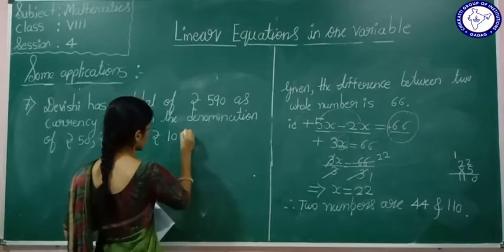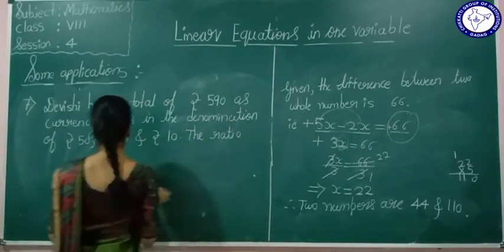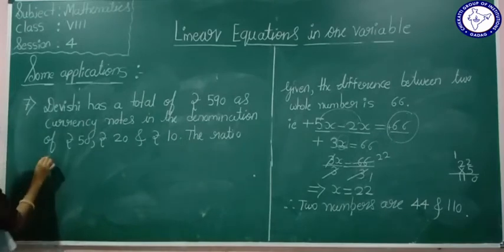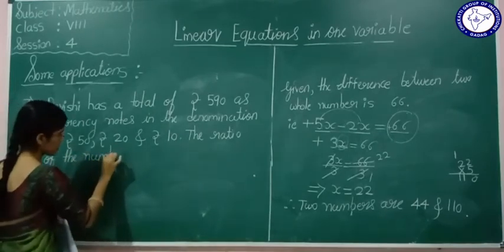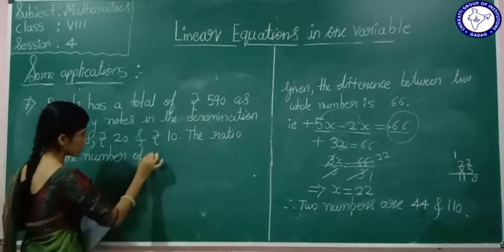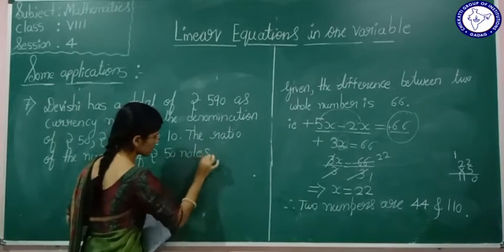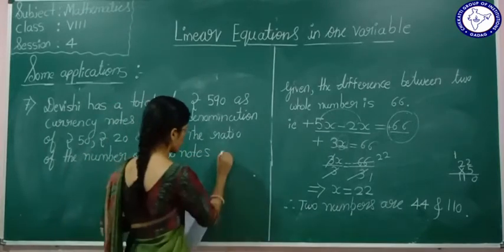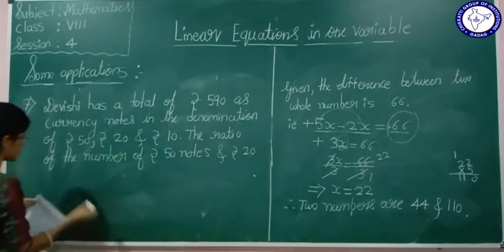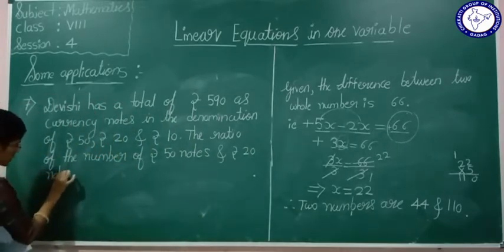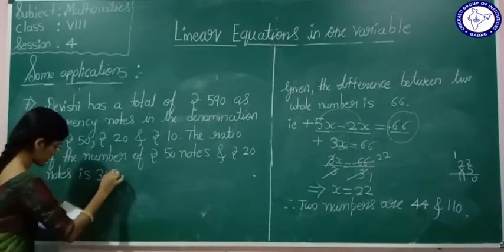The ratio of the number of rupees 50 notes and rupees 20 notes is 3:5.